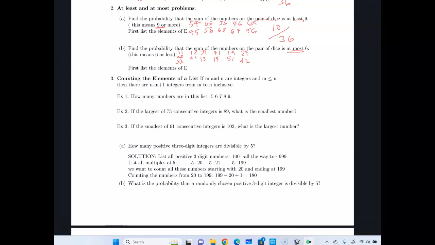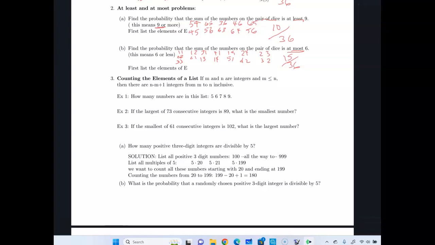Hold on a second, a 2 and a 3, did I get that? No, I did not. A 2 and a 3, and a 3 and a 2. So that gives me 2, 4, 6, 8, 10, 12, 13, 14, 15. So 15 out of the 36 options.